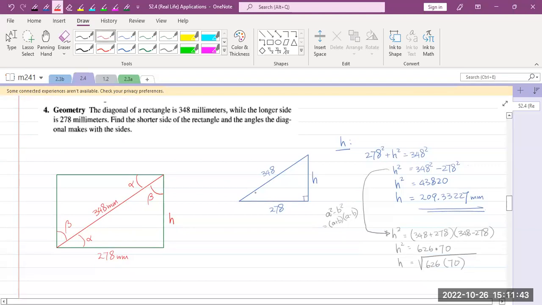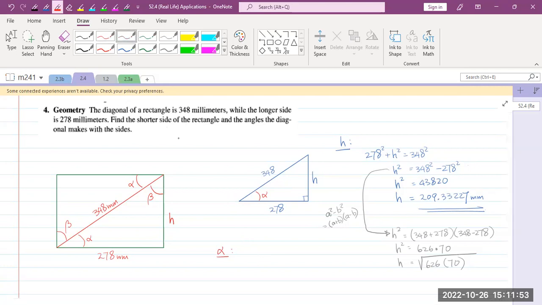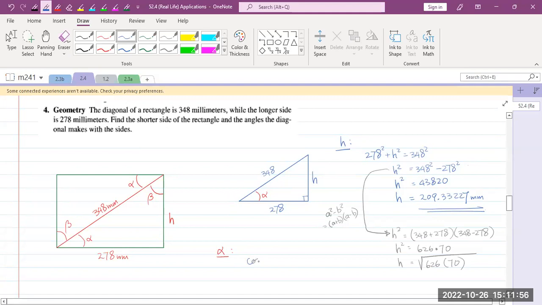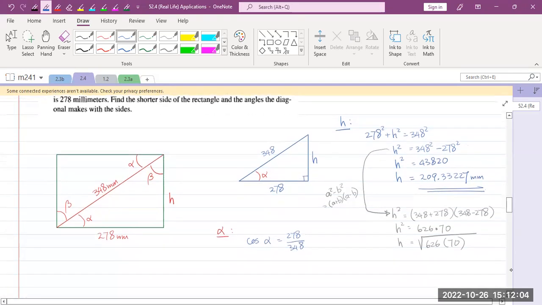Now then, the angles, let's use this one here, angle alpha, what relates to 278 and 348, that is cosine, right? Cosine alpha equals 278 over 348. Notice that alpha is an acute angle.